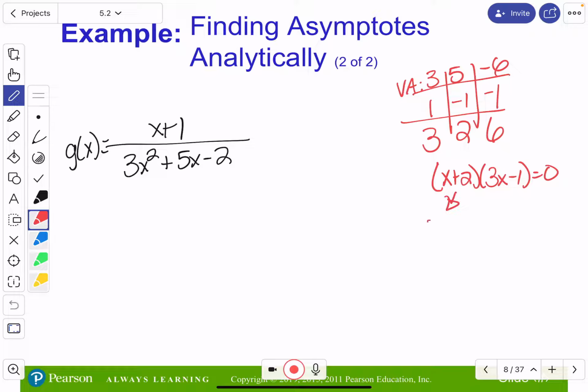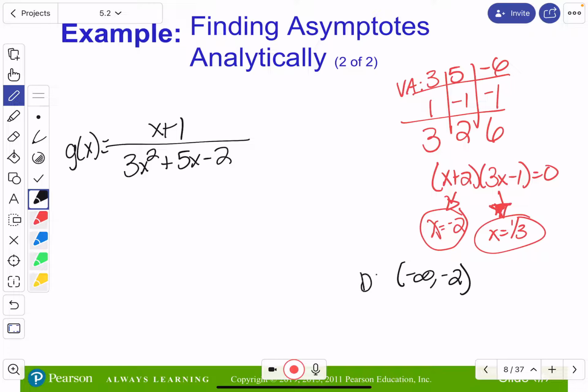So this vertical asymptote is going to be x equals -2. And this vertical asymptote is going to be x equals 1/3. So our domain is going to be -infinity to -2. Then we go from -2 to 1/3. Then we go from 1/3 to infinity.